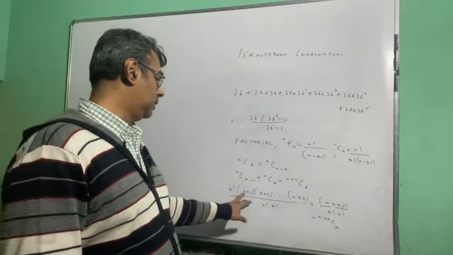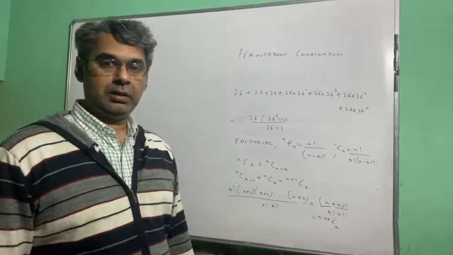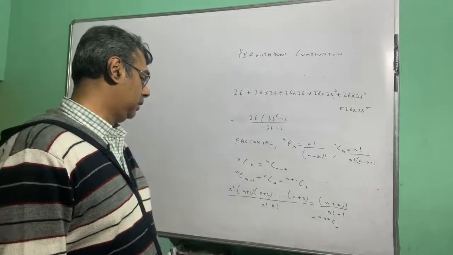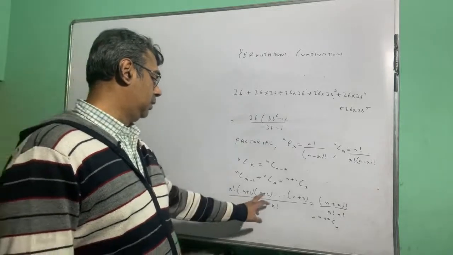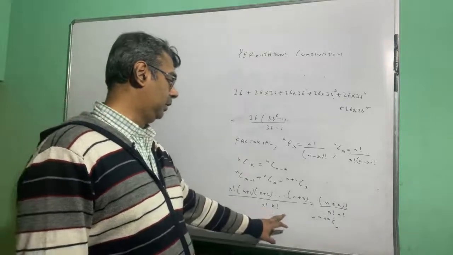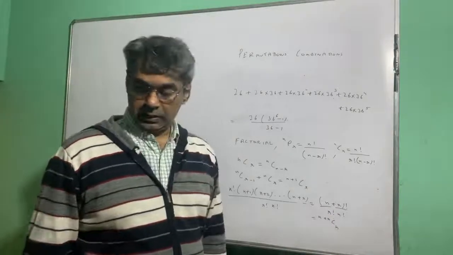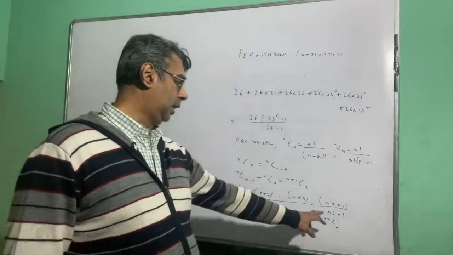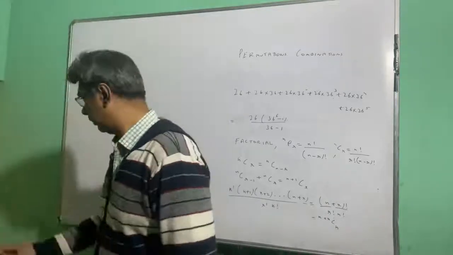So if you multiply successive r natural numbers, the product will be divisible by r factorial. The proof is that you multiply them by r factorial and above and below put n factorial. So n plus r factorial by r factorial into n factorial.